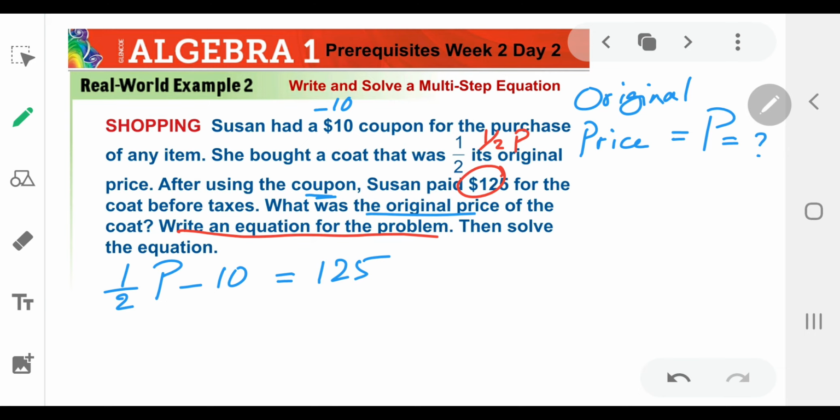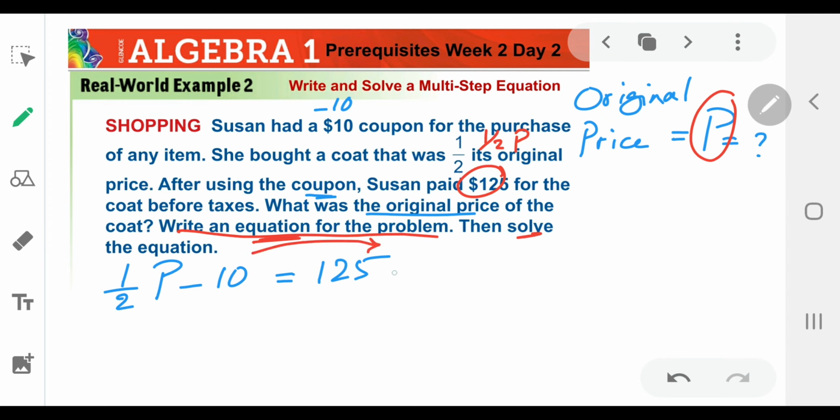Sometimes we have intelligent students who can answer such a question mentally, but writing the equation is required. Half the problem is to write an equation, so the credit will be for writing the equation and then solving it, which means getting the value of P. So this is how we wrote the equation: half the original price is half P, the coupon is minus $10, to be in all 125.